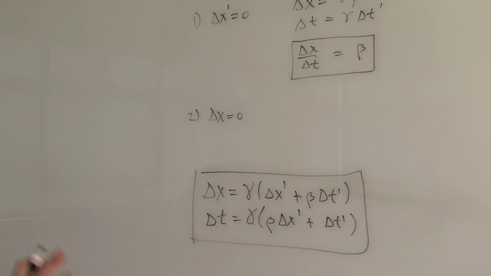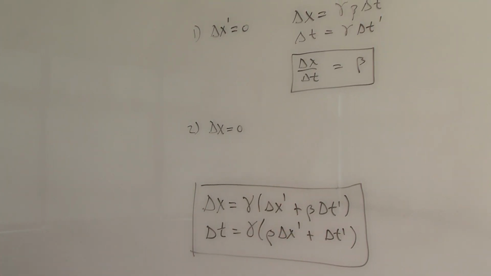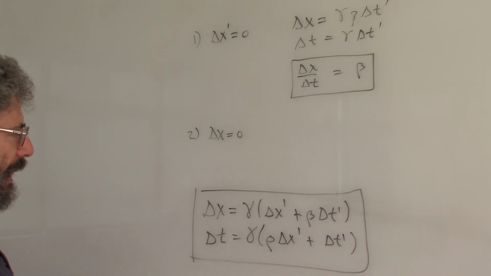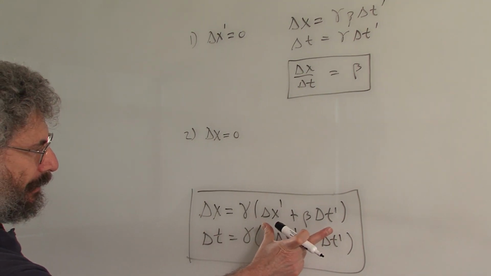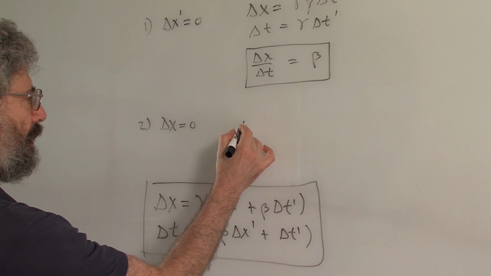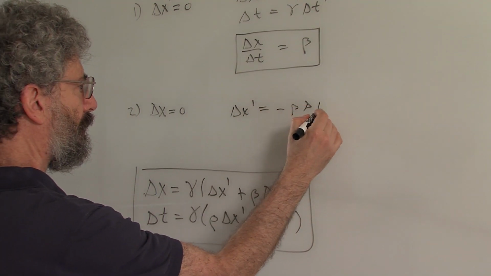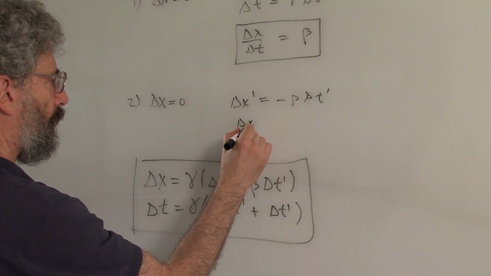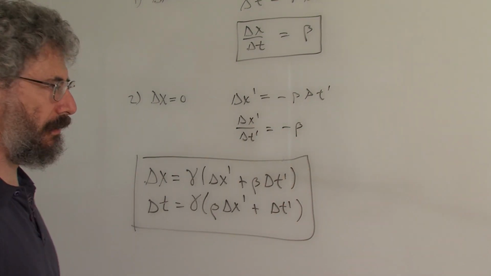In that case, let's see what that tells us about delta x prime and delta t prime. Well, if we put in delta x equal to 0 in the first equation, what we can see is that what's in the parentheses has to be equal to 0, which tells us that delta x prime is equal to minus beta delta t prime, or delta x prime over delta t prime is equal to minus beta.